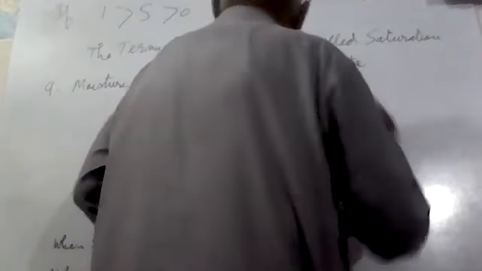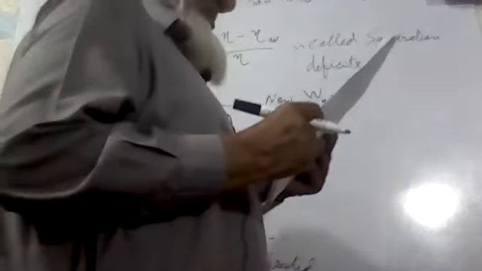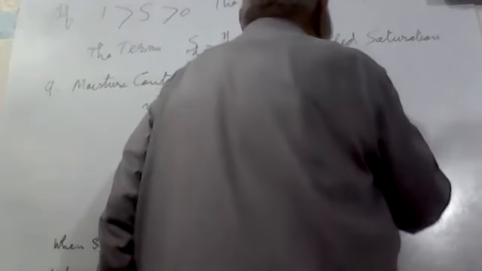Now, Ww is equal to W minus Ws. Therefore, m is equal to W minus Ws divided by Ws.